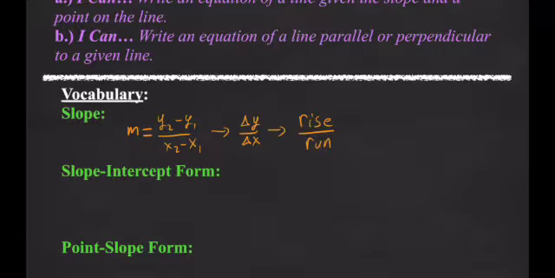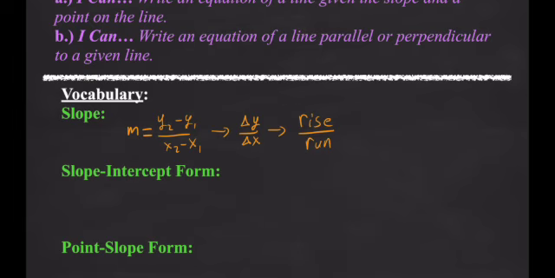Slope-intercept form. So slope-intercept form is now going to be taking us into an equation. Slope-intercept form you guys should recognize. And the nice thing about it is it tells us immediately what our slope is and what our y-intercept is.